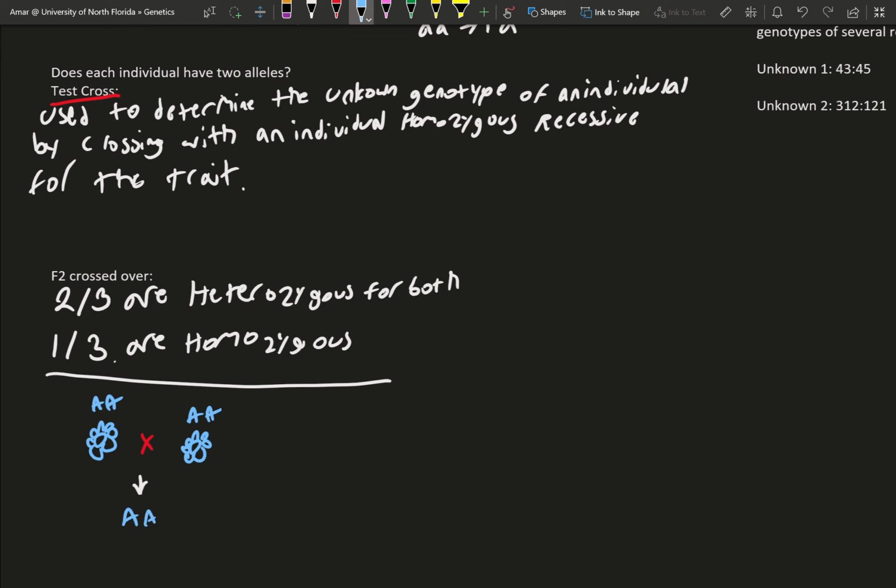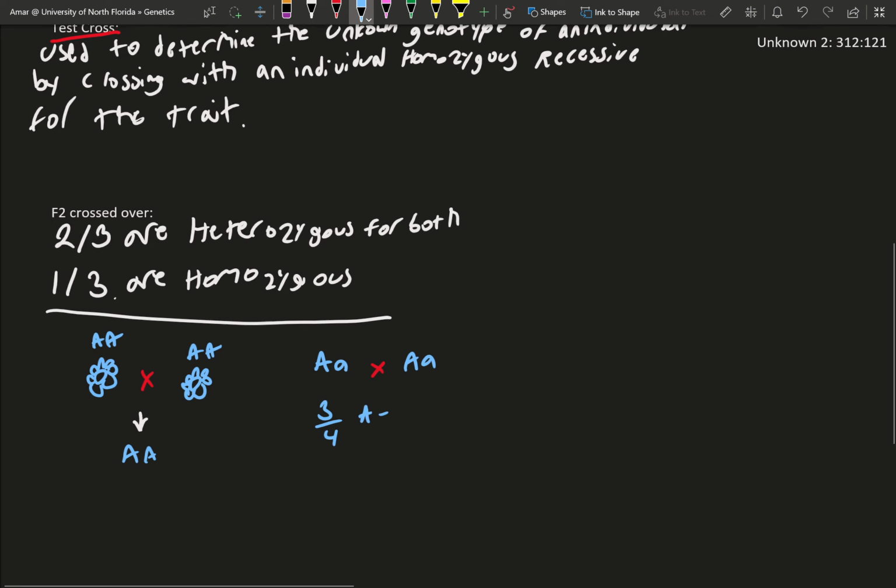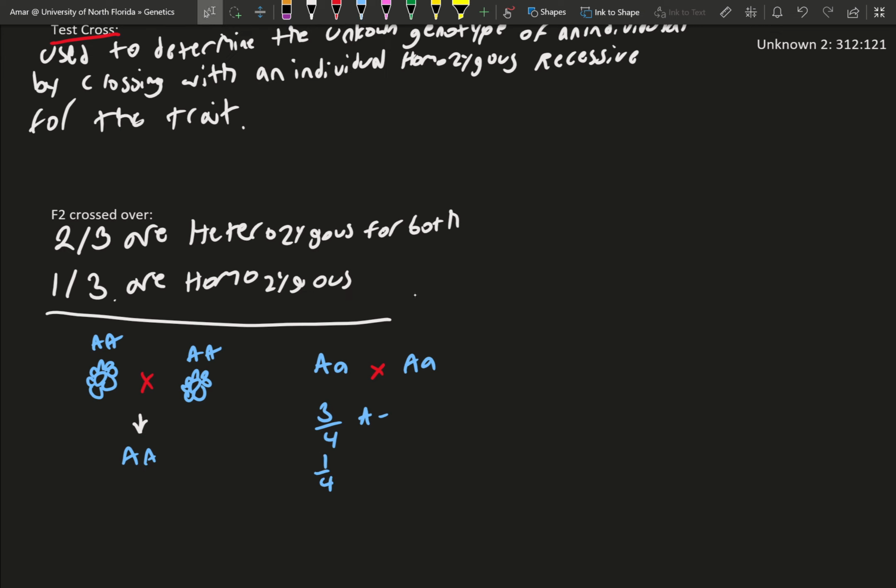But then he also took the blue flowers that were heterozygous for the gene, and he crossed them together. What he found was that you would end up with the ratio that we saw before, which was 3/4 big A and then 1/4 little a.